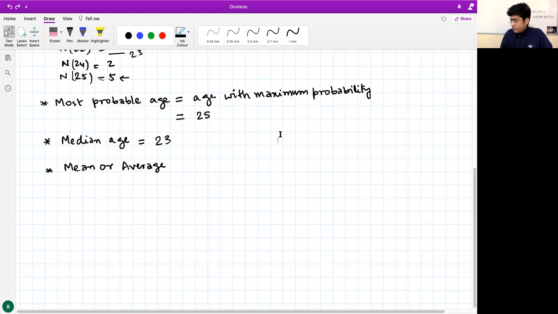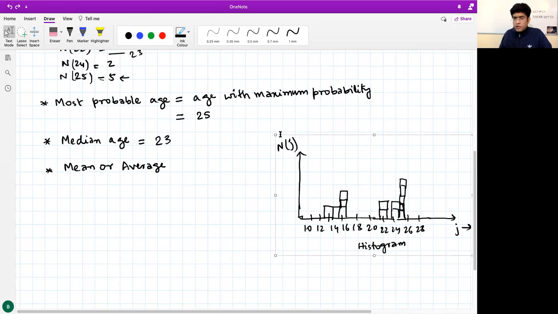If you observe carefully, the 23 mark will be somewhere here. This is the age equal to 23 line.